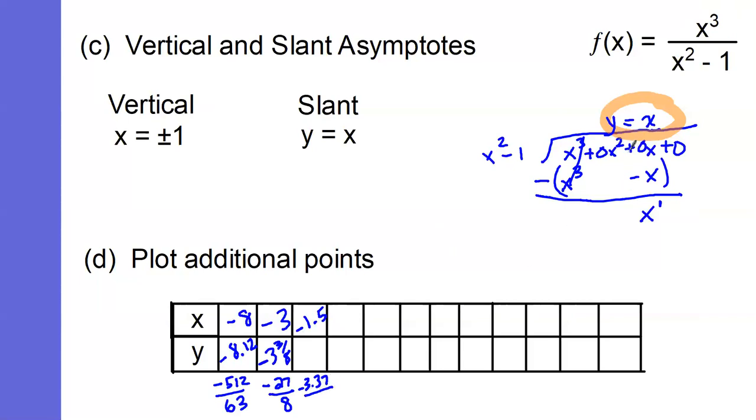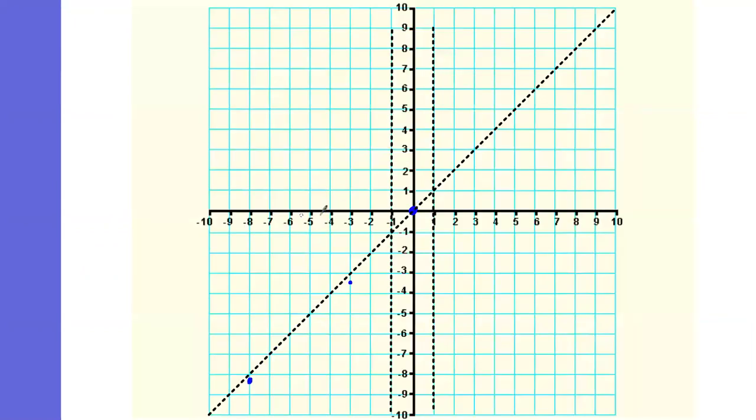And negative 1.5 squared would be 2.25, and then subtract the 1, that would be 1.25, and work out that division, you're at about negative 2.7. At negative 1.5, negative 2.7. Right there.